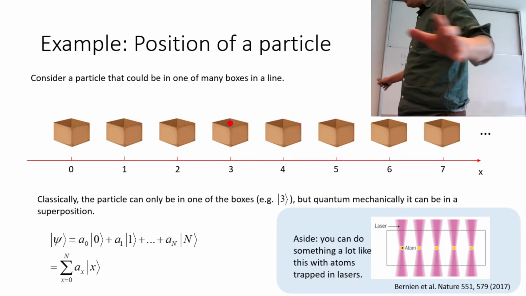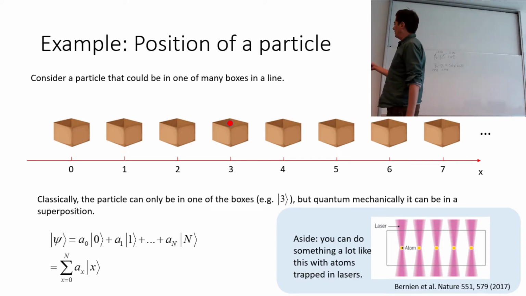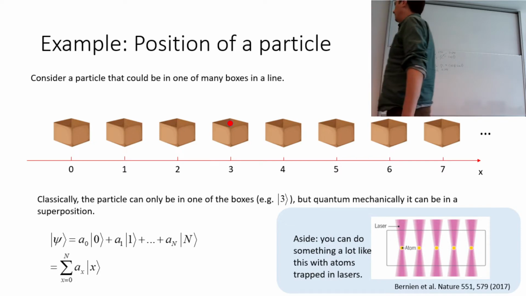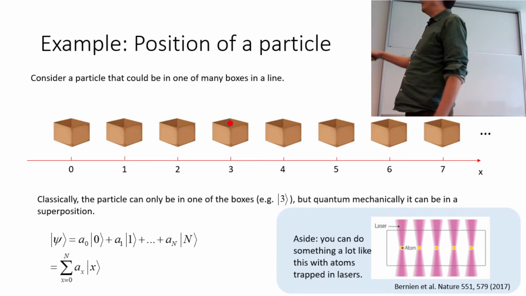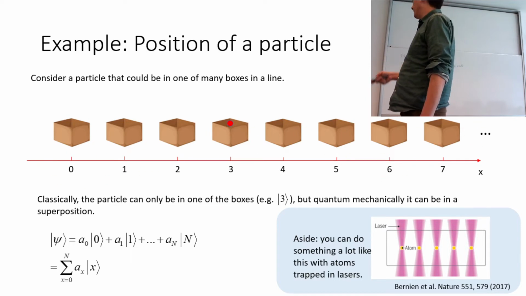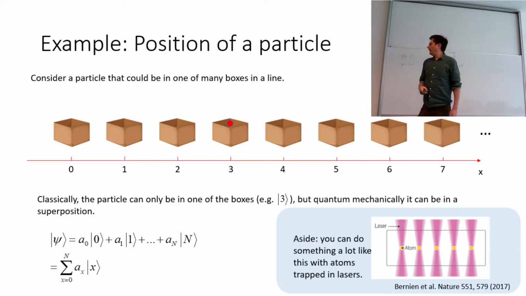It's in one of the boxes, don't know which one. In this case it's in box number 3, and the boxes are lined up in a line like this, and they're evenly spaced. So which box it's in is also telling you where it is. The fact that it's in this box tells you that it's in position 3. Maybe these are spaced 1 millimeter apart, so it's like a ruler. It's 3 millimeters this way.